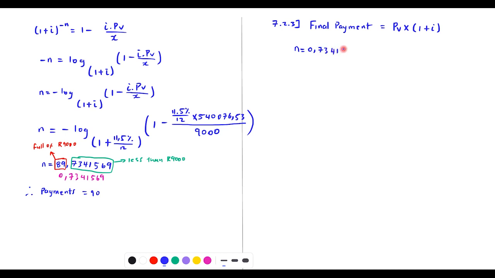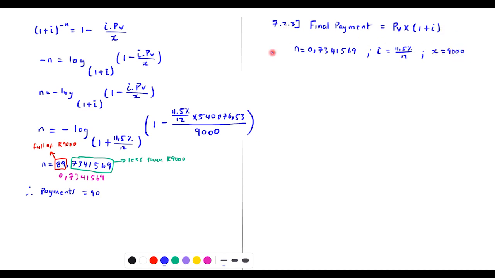Remember we said n is the number of payments that you still need to make. So she still needs to make 0.7341569 of a payment here, right? And then here, what is i? i is still 11.5% over 12. Because we're using the present value, the x is still going to be 9,000. And so we're going to calculate.